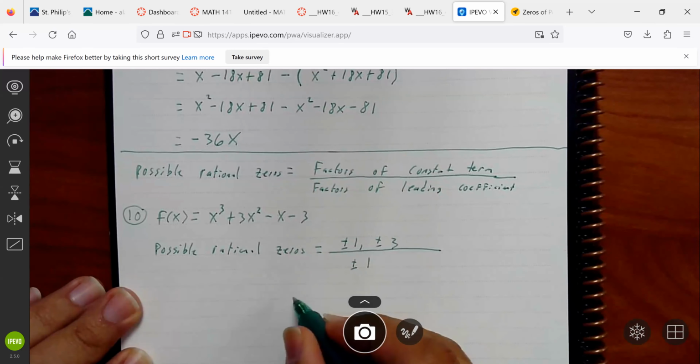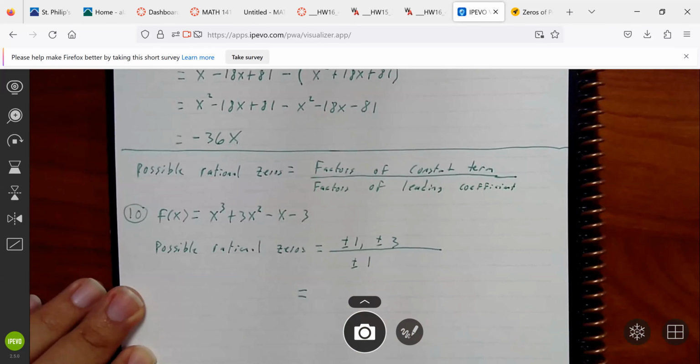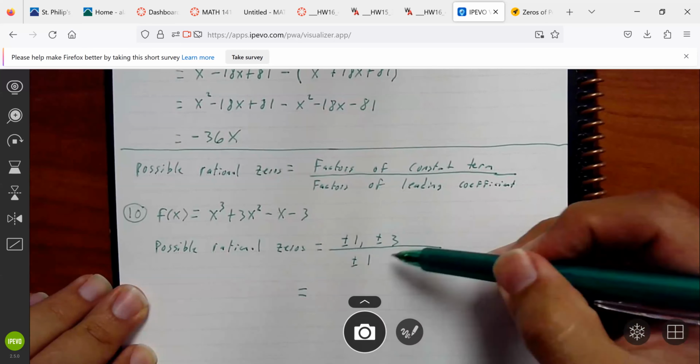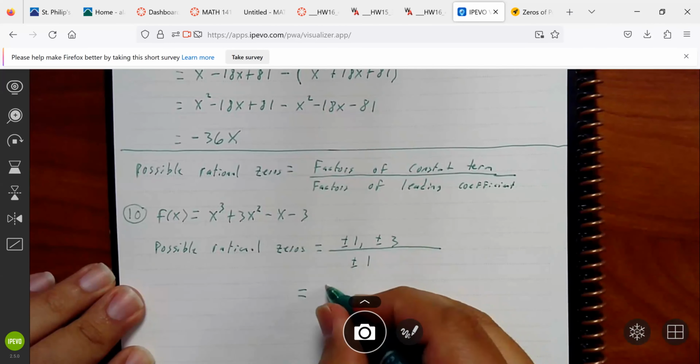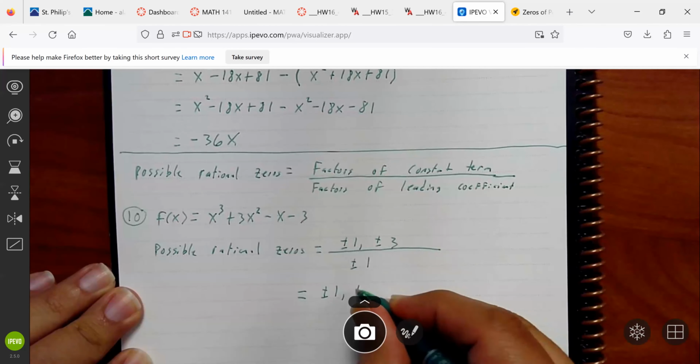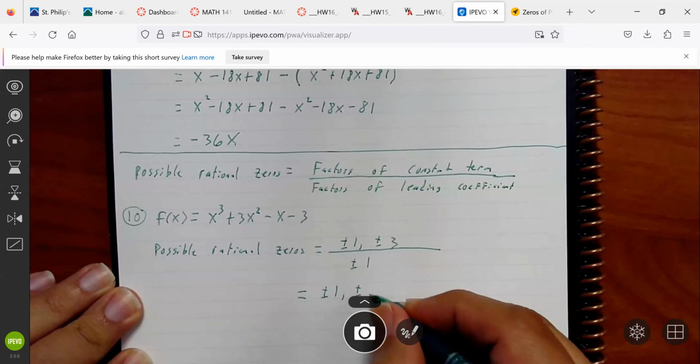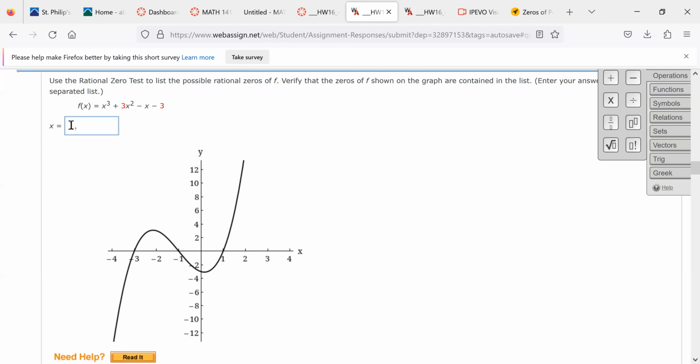So the answer would be these combinations. You do 1 over 1 and 3 over 1. So the possible zeros are plus or minus 1, and plus or minus 3. So that's what you get here. So 1, comma, negative 1, comma, 3, negative 3. That makes sense?